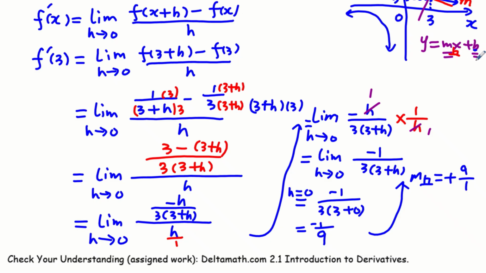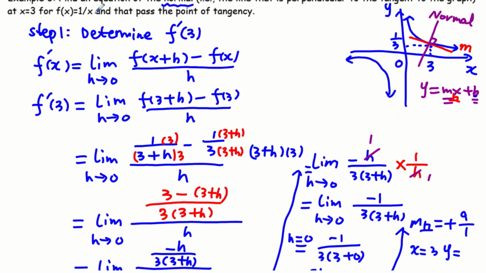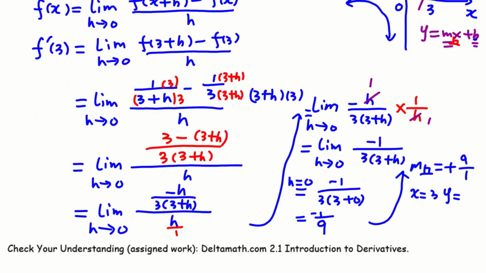In order to find b, we need 3 given. These 3 given are the perpendicular slope m, and x and y. So x equals 3, then the y value we sub into the reciprocal function will be 1 over 3.